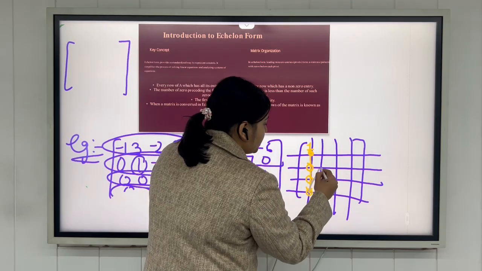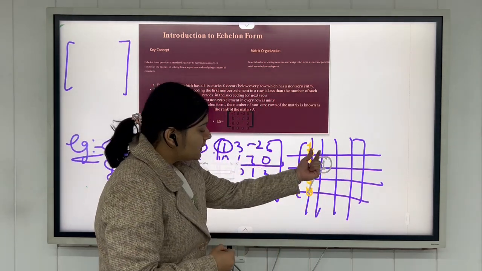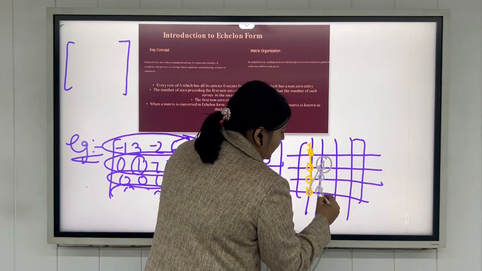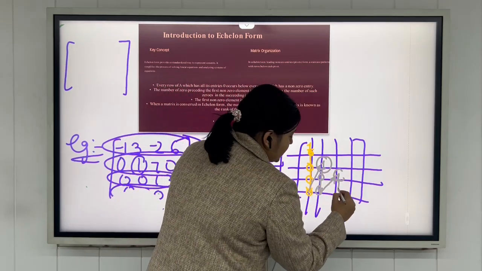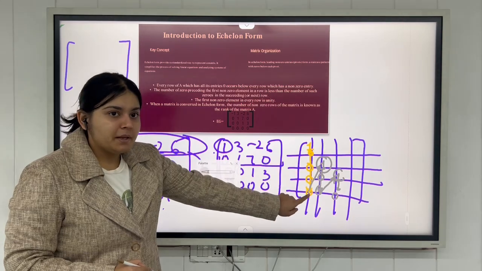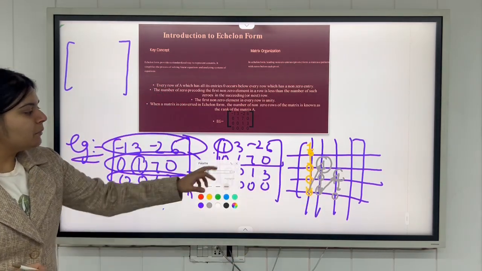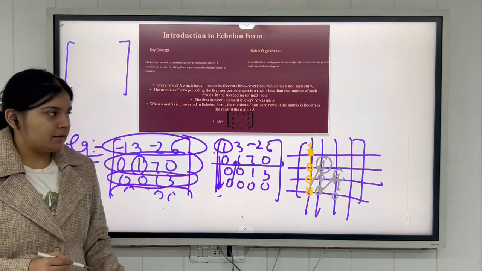After that you will move towards this part, where you will make this element 1. Then its preceding elements will be 0, 0, and after that you will choose the A33 element to be 1 and its preceding elements to be 0. So you want to apply the row operations in such a way that you get a pattern in this manner. If you get a pattern in this manner, it will be much easier for you to look out for the rank, right?